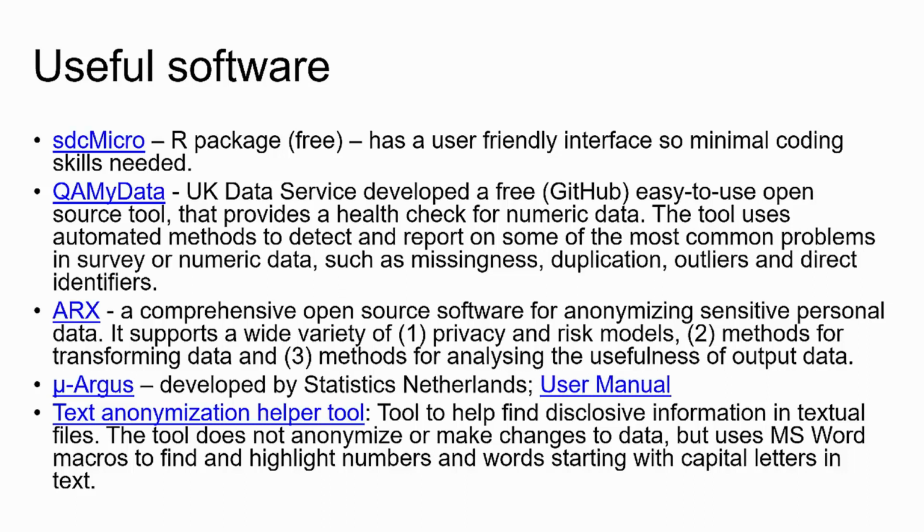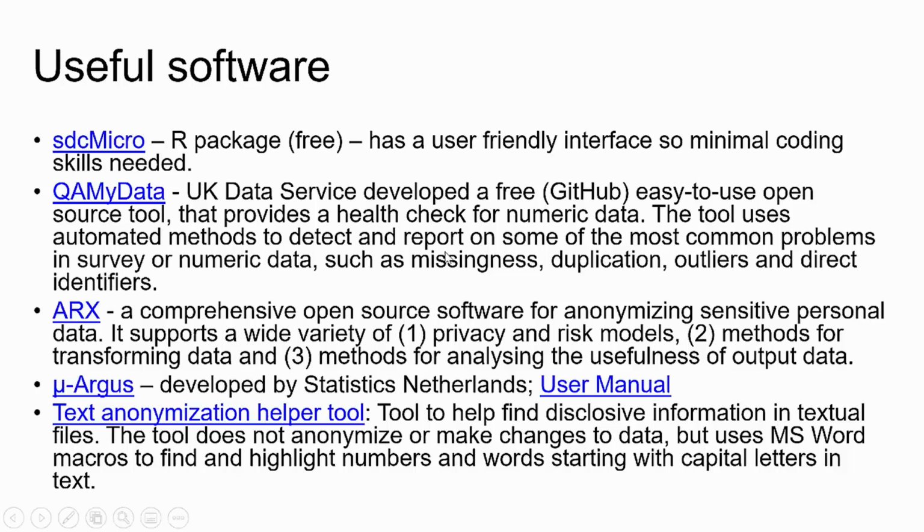And then we have a couple more examples, ARX and μ-Argus, and I included the links there as well. And I think the last one is for Maureen to explain a little bit.